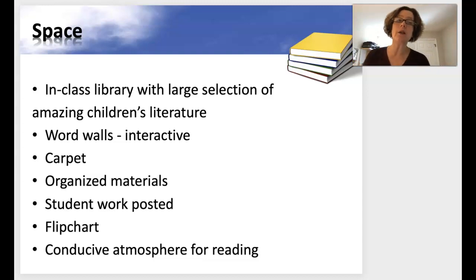And you want your physical classroom to have a conducive atmosphere for reading. So have a couple bean bags. Maybe you can sneak in a couch in the back, have some nice little lamps that they can sit by. So make it really conducive. I've been in several classrooms here in Medicine Hat, and it is really unbelievable.